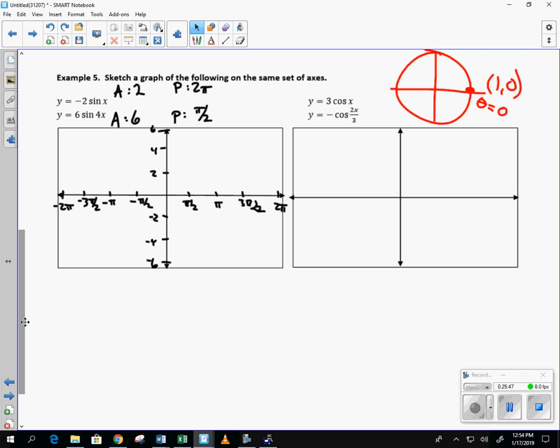And now the question is, which one should we start with? It's actually easier to focus on the one that stretches the entire period. So we've got 2 pi here. So I'm going to graph y is equal to negative 2 sine of x. Where is it going to start? 0. Is it going to start by going up or down? To which value? Negative 2.